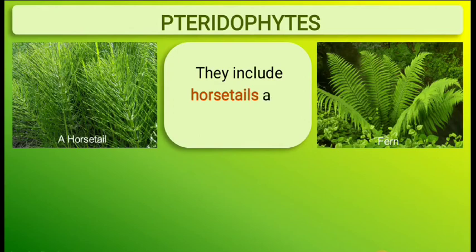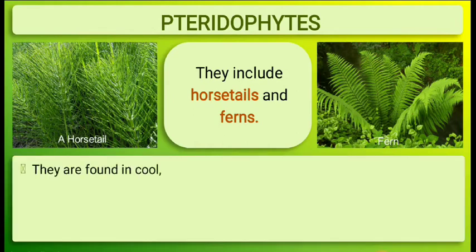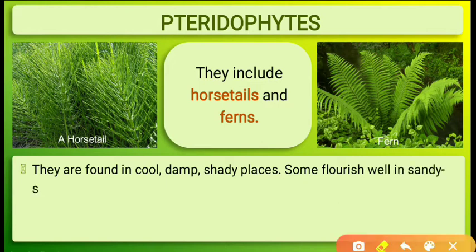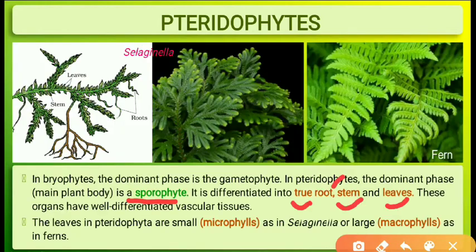Here is a picture of pteridophytes, which include the horsetail and ferns. These pteridophytes are called the first vascular cryptogams. These are the first vascular plants. The stem in the case of fern is a rhizome. They have true root, stem and leaf.